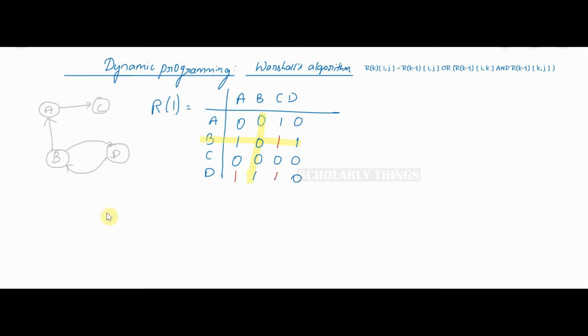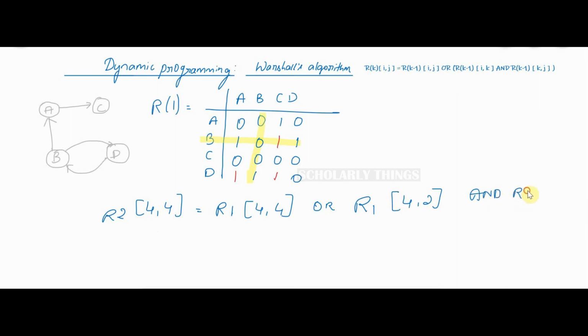We can find one more path, R2 of 4 comma 4, that is R1 of 4 comma 4 OR R1 of 4 comma 2 AND R1 of 2 comma 4.